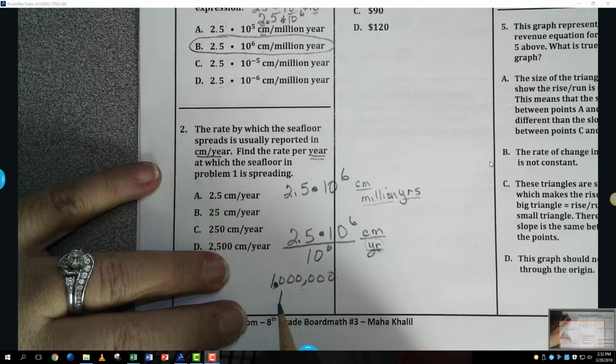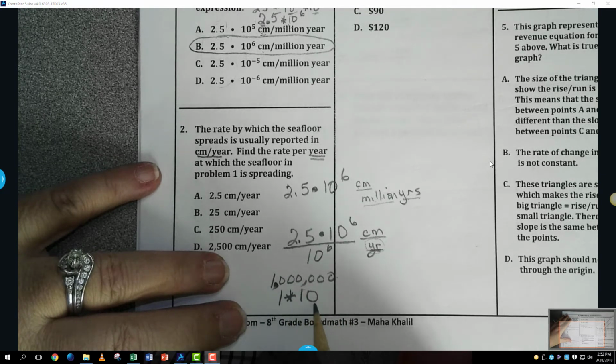So that would be 1 times, and I made this number smaller, so I have to make the exponent bigger. How many times did I make it smaller? I moved it 1, 2, 3, 4, 5, 6 decimal places.